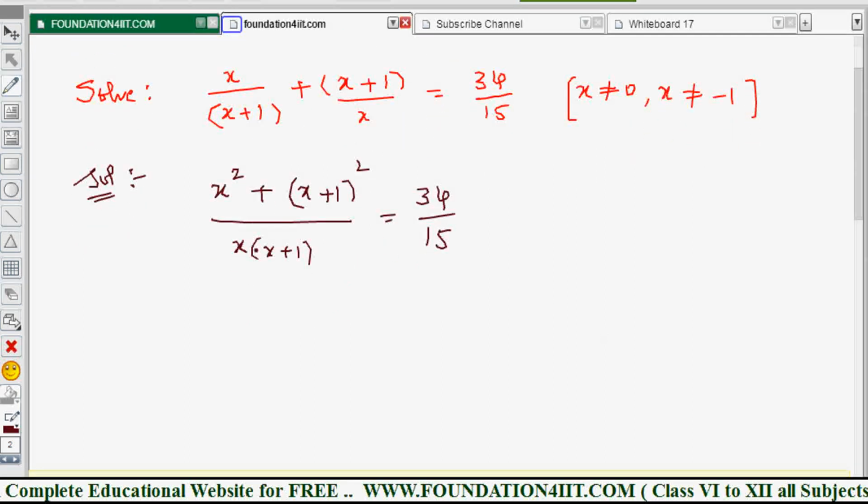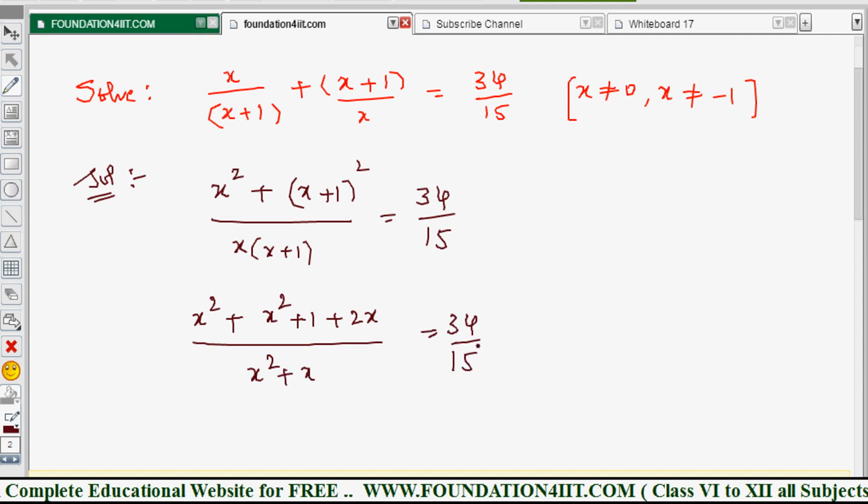When you are simplifying, x square plus x plus 1 whole square, you can apply the formula (a plus b) whole square, which is a square plus b square plus 2ab. So x square plus 1 plus 2x, divided by x into x plus 1, which is x square plus x, is equal to 34 by 15.